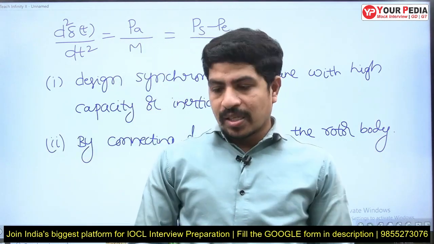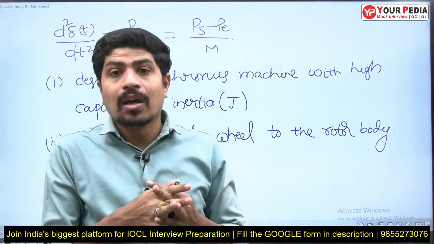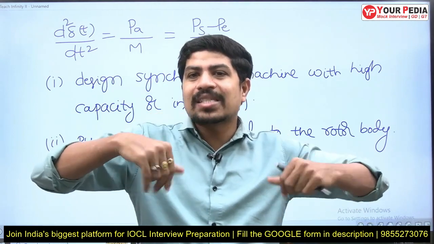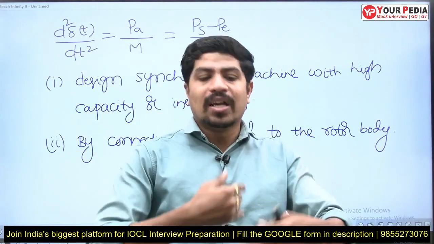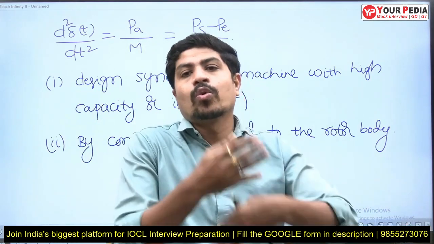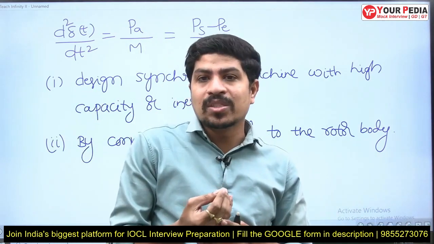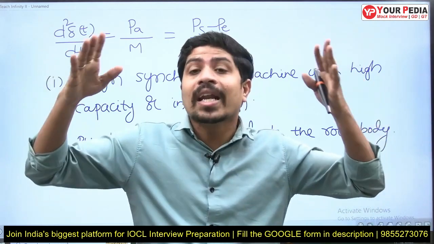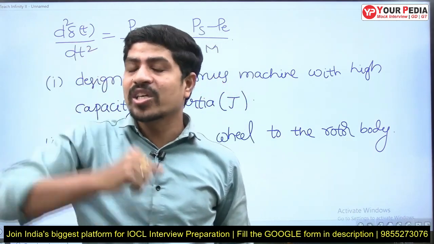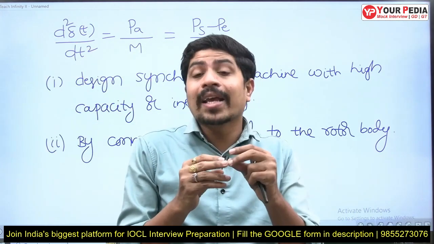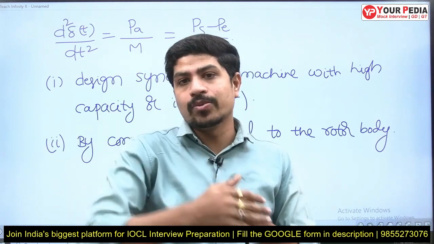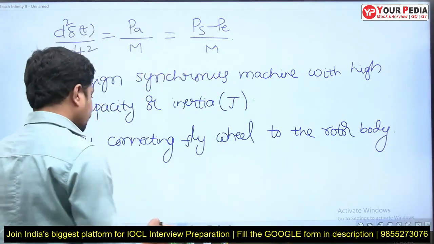You may be thinking, sir, if we connect that much huge body, it is going to be a burden on the turbine. No, only in the starting it is difficult. Once it starts, that flywheel is going to store lots of kinetic energy, and it is going to rotate. Whenever any disturbance comes, that huge body which is already in a running or steady state will not accept those sudden changes. Therefore, your rotor angle is not going to oscillate about some point. Those oscillations will be reduced. That is the second thing.